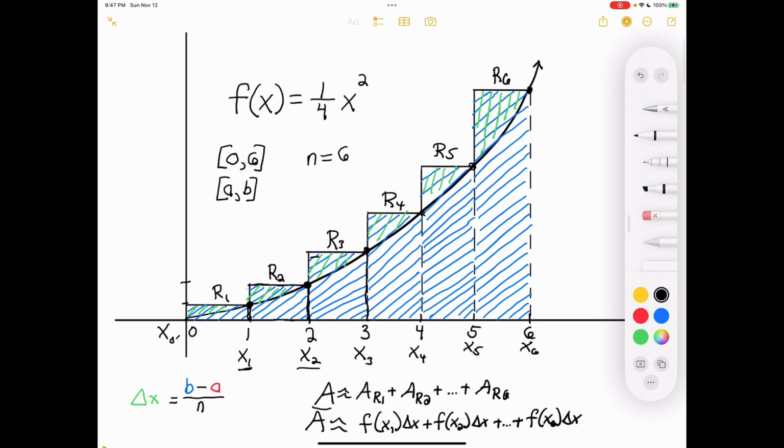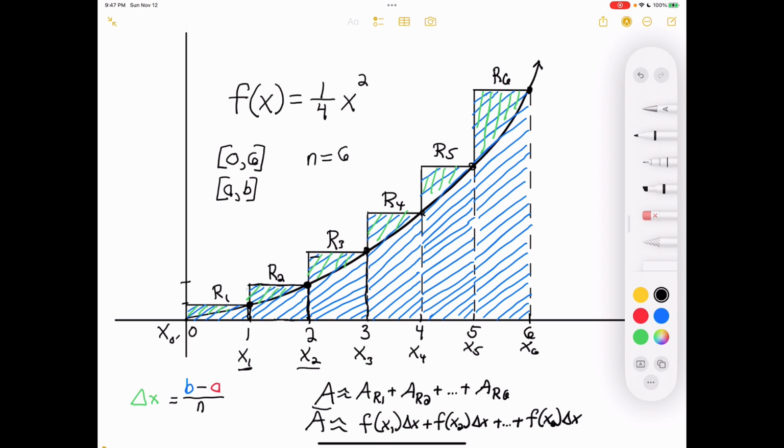And we noticed that when we summed the areas of each of those rectangles up, meaning area of rectangle 1 plus area of rectangle 2, etc., all the way up to rectangle 6, we got an estimate for the area under the curve. Now, because we used right-hand endpoints in creating our rectangles, this was an overestimate. And this area shaded in green here is the part above the function. It was an overestimate.